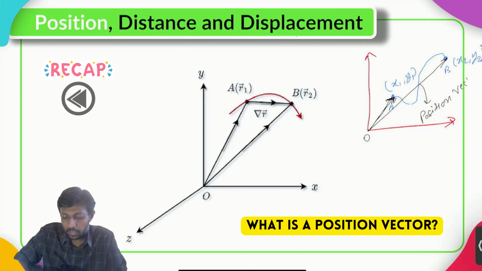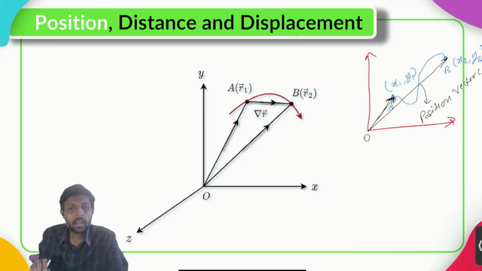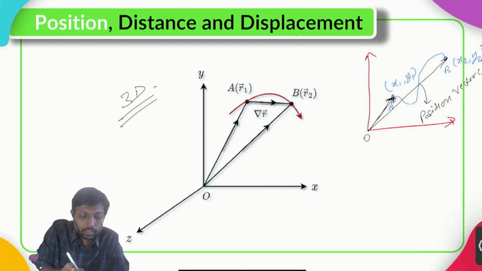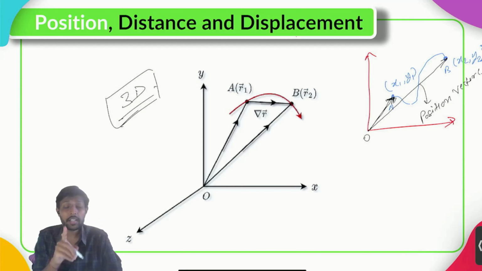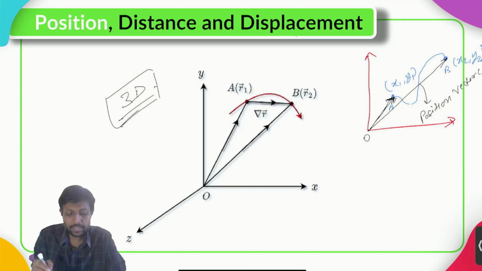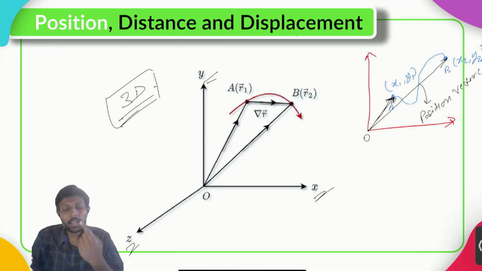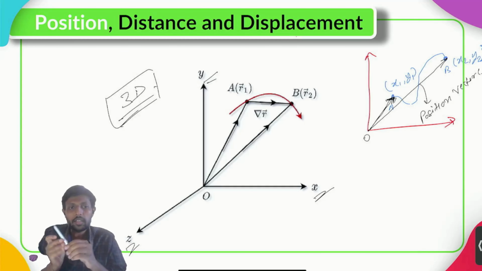Position vector. Okay. A similar example has been given here for a 3D case. Here, instead of just two axes, we have three axes: the x-axis, the y-axis, and the z-axis. A ray can be in a plane, it can be aligned in a 3D space also, right?